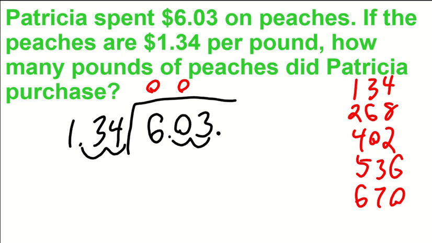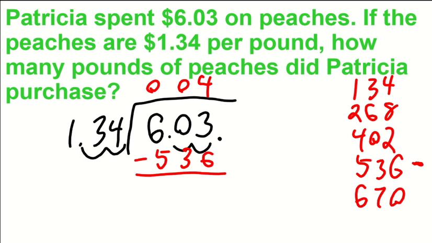All right, so yeah, 603. This one's the one lower. That's the 4. So we're going to subtract 536. So we get 67.